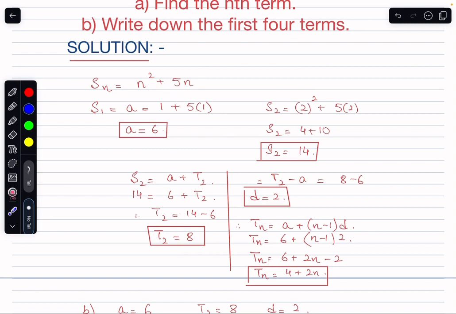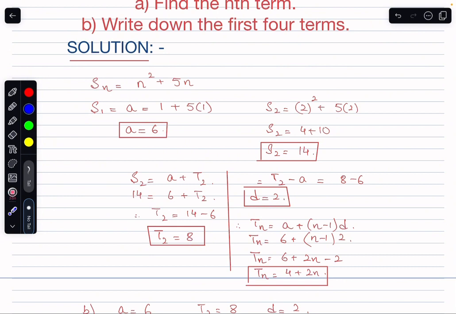With S2 represented as 14, A can be substituted by 6. That gives me my second term, which is 14 minus 6, and my T2 comes out to be 8.